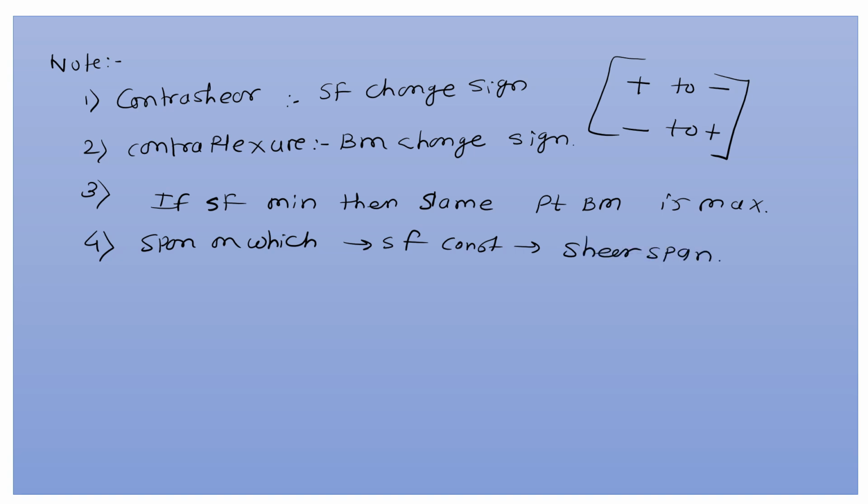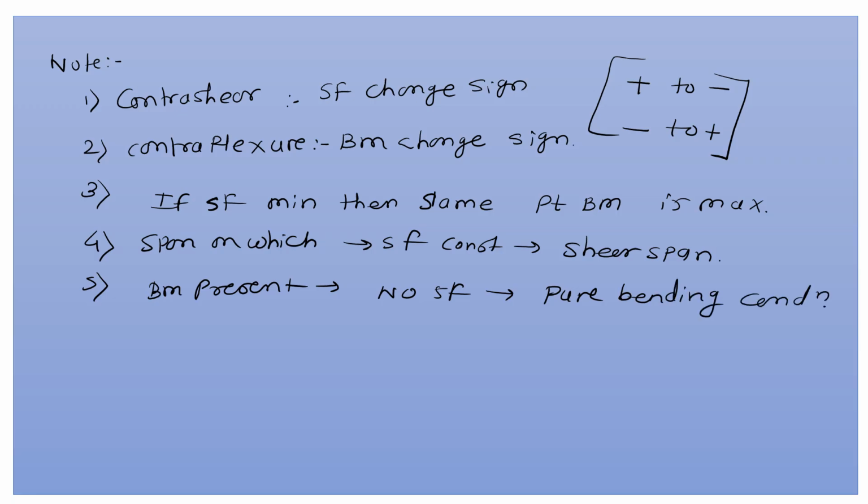And if on any beam only bending moment is present and there is no shear force, then that condition is the pure bending condition. So all these points are important.